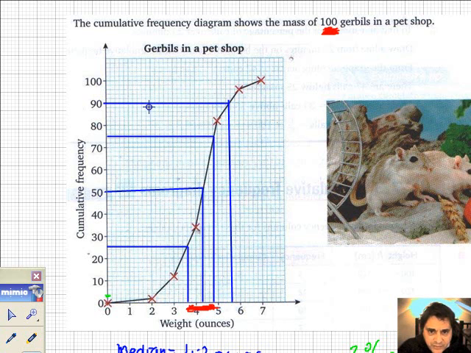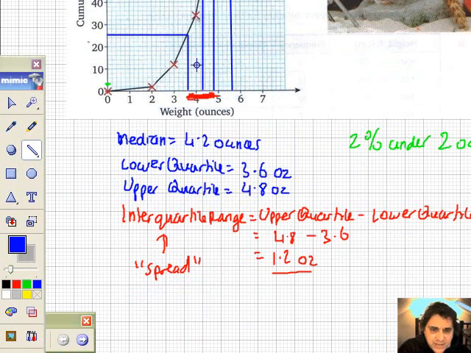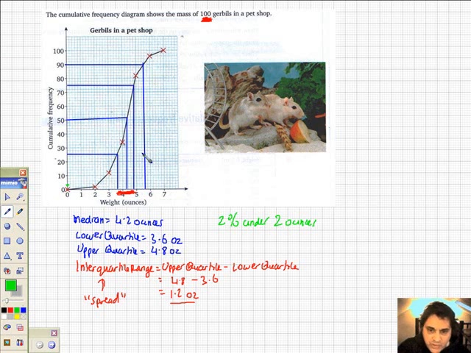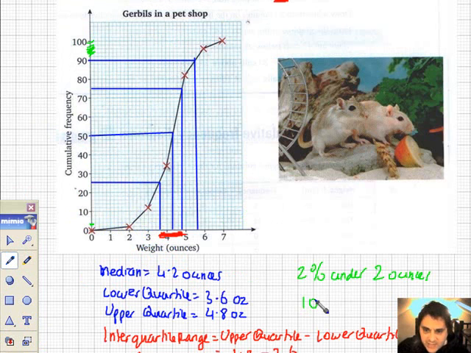So reading up 5.5, turn left, and that's 90% of the gerbils. So back to my green pen. Sorry, not 90%. Oh dear. If 90% is where we read off from 5.5, and I've got 10 left up here in this region. So here we go. So 10% are over 5.5 ounces.